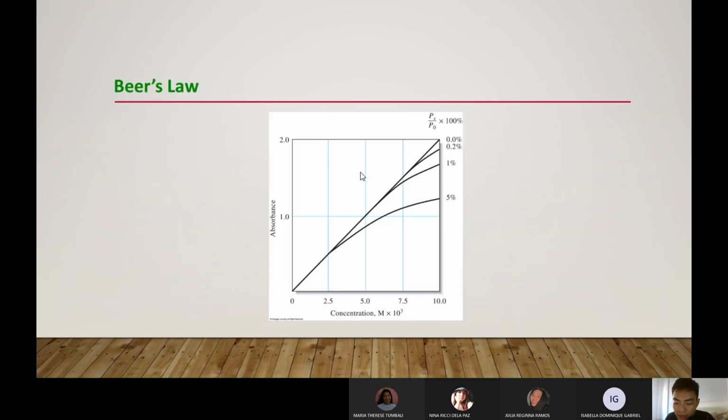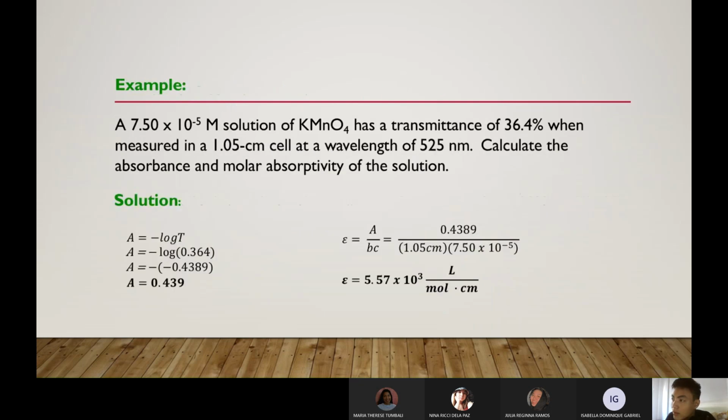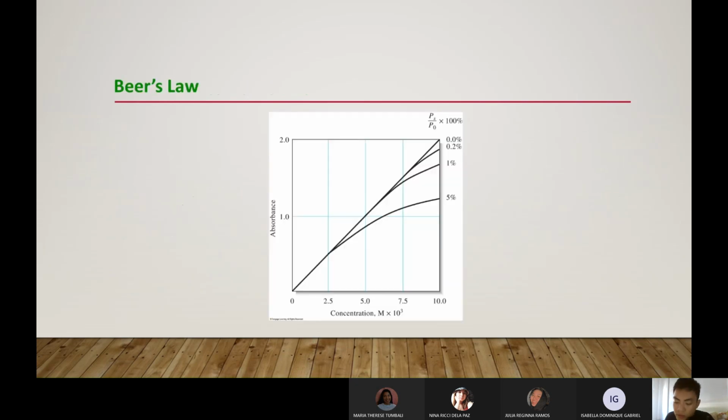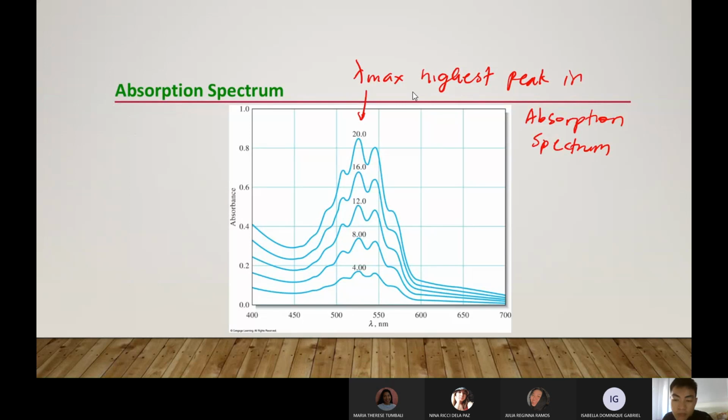Kaya nga sinabi sa problem kanina, kung magtataka kayo, para saan yung wavelength na to, sir? Yan yung lambda max. That is the highest peak in the measurement. We always do measurement in the highest peak. Kasi dun mataas yung absorbance. Dun ka mas makaku-quantify better. Okay.